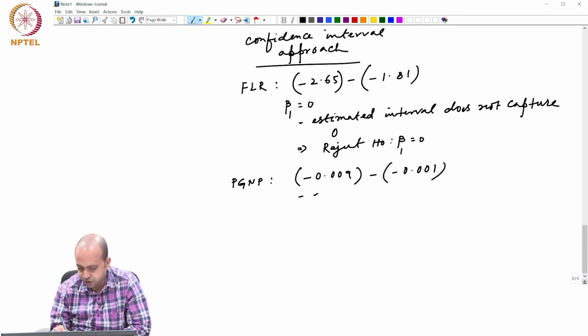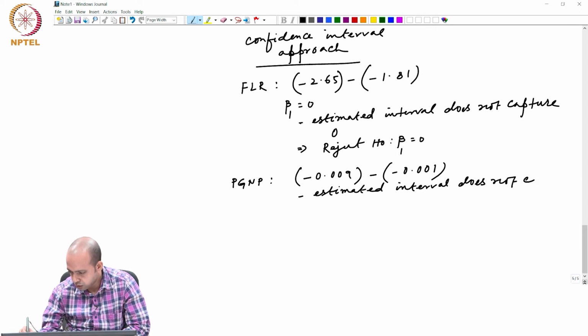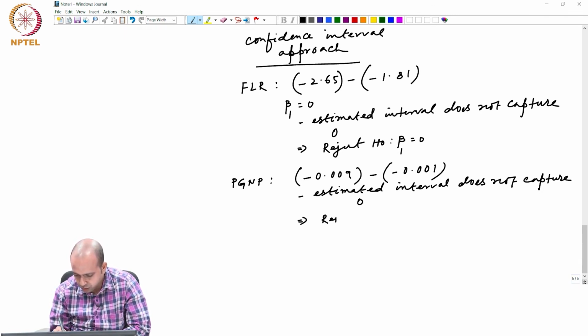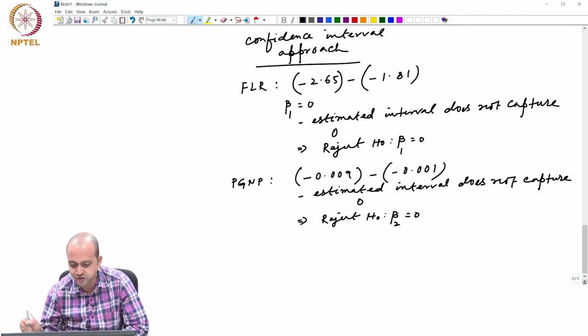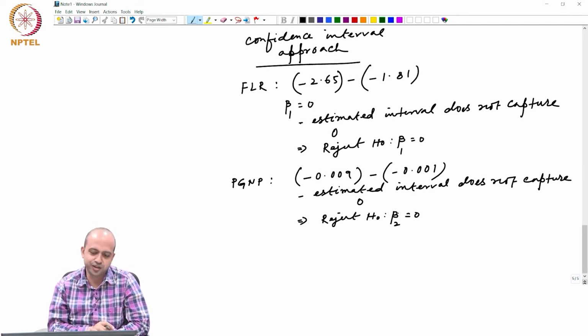So, the estimated interval does not capture 0. So, reject H naught, which is beta 2 equals 0. And when it is rejected, we will say that even PGNP also has significant impact on child mortality rate.